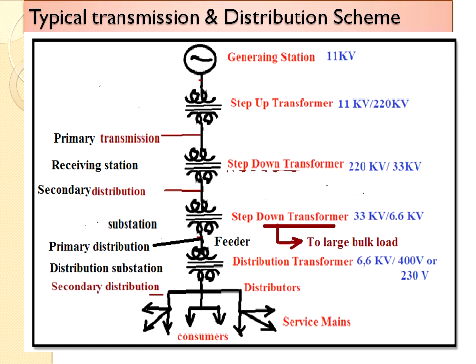Then the secondary transmission line takes place from the receiving station to the substation. So again the power is reduced by using a step down transformer, 33 kV or 66 kV. From the substation we can distribute the power to large demand holders who have their own substation.